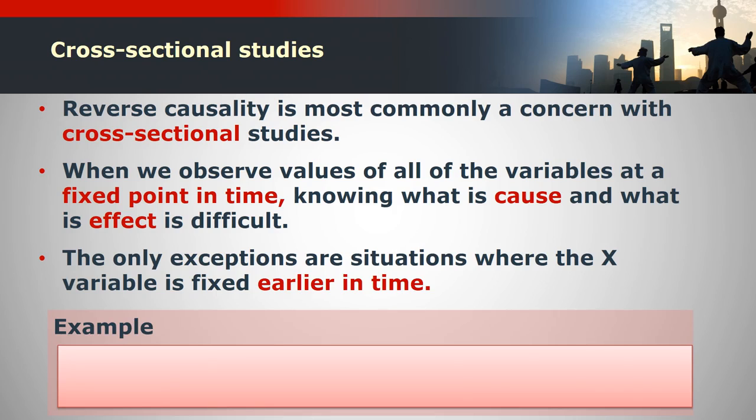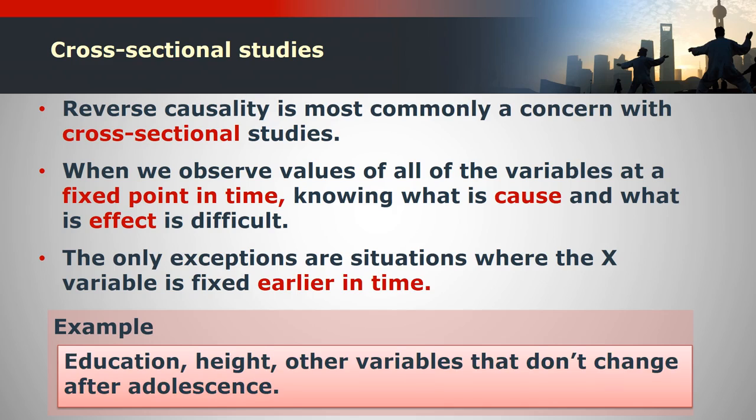So for example, education, height, and other variables don't change much after adolescence. So if we're looking at cross-sectional data, perhaps in a census, and we're looking at, say, education and income, we can be relatively confident that if we do see an association between education and income, it's perhaps more likely to be a cause and effect relationship.